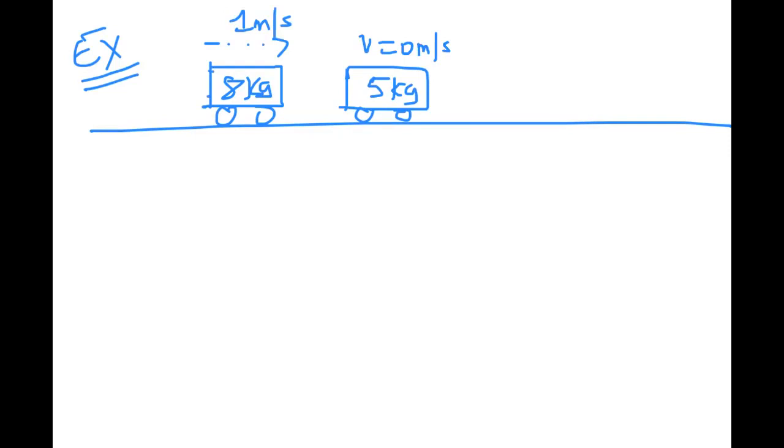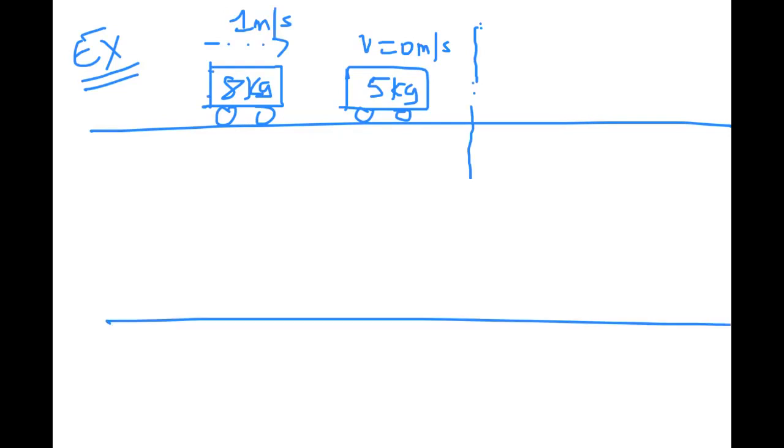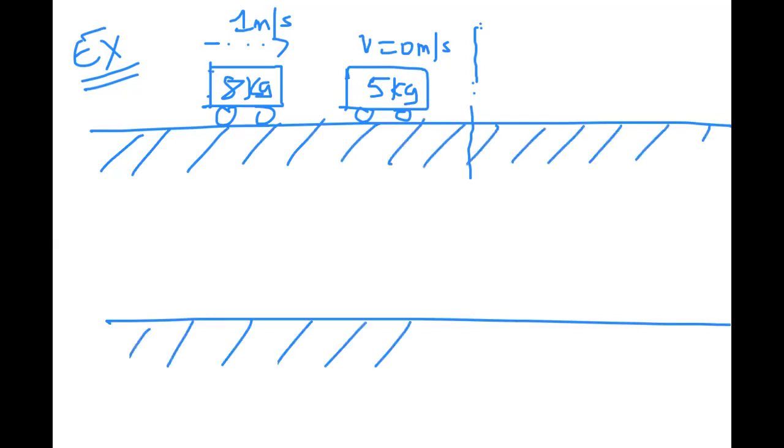Now they collide, and this is the collision line. After collision, we're going to draw them on a separate line, the same surface. Upon collision, the heavier car moves at 0.5 meters per second.